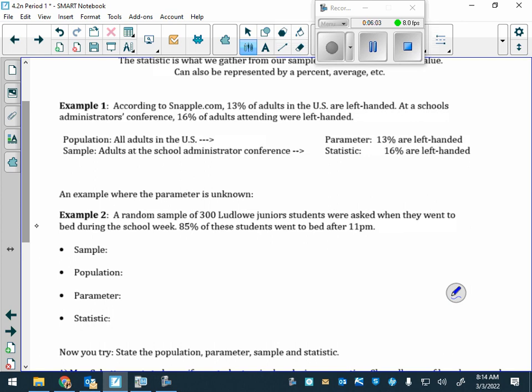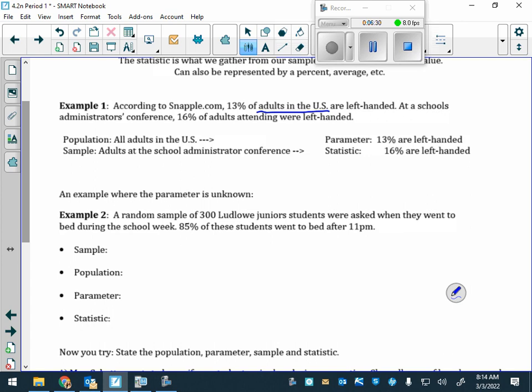Parameter, 13% of adults in the U.S. are left-handed. This was actually given, okay? The parameter was actually given because it's representing adults in the U.S., okay? The statistic was also given. 16% of the adults attending the conference were left-handed. So if you notice, you have some keywords here.